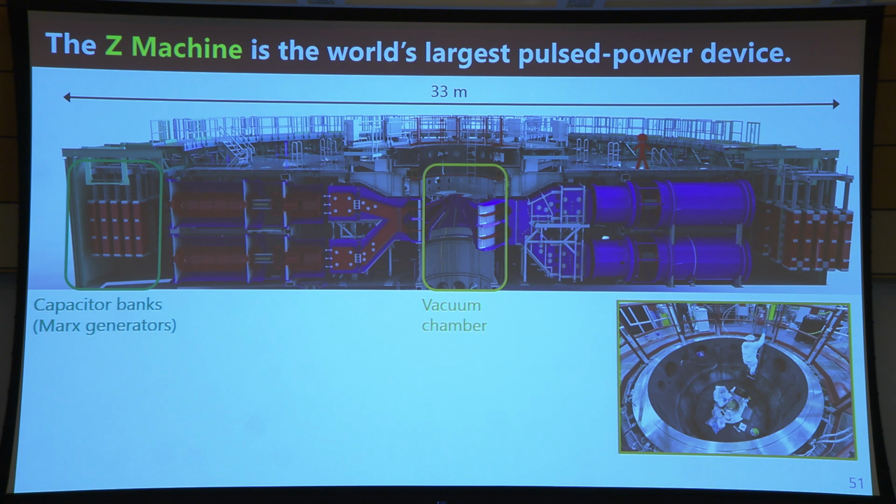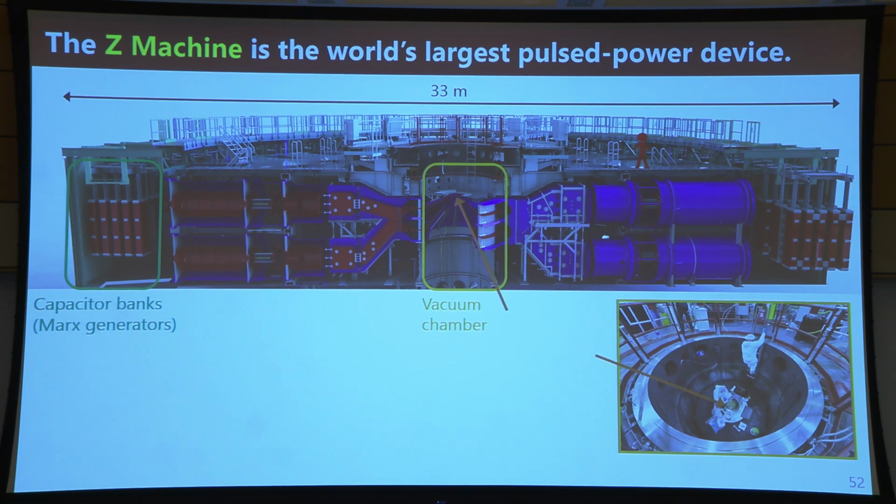In the bottom right, this is an actual photograph of 2 Sandia technicians working and preparing for an experiment prior to a shot on the Z machine. Again, to give you a sense of scale. And one of the last things I'll show is at the very tip of those orange arrows, in that little tiny circular region, that's the size of our experiments. This is where all of our plasma physics are actually occurring.